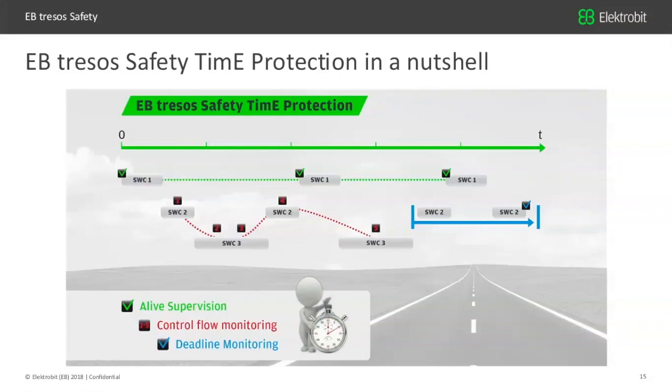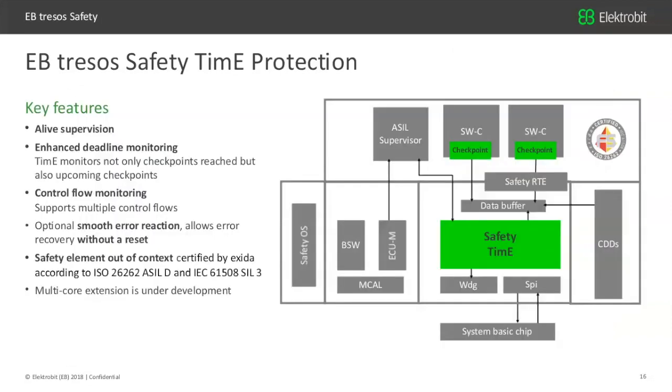Here we cover one domain out of the spatial, temporal, and data domains: the temporal domain. The key features are, like I said, live supervision, deadline monitoring, and flow control monitoring, and what our product brings with it is a smooth error reaction.